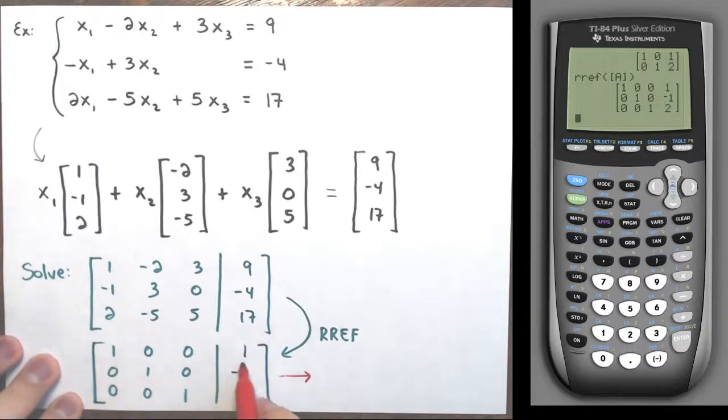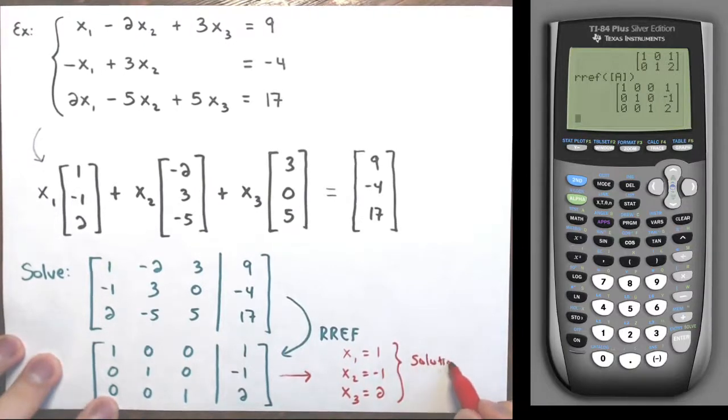The first equation is x1 equals 1. The second equation is x2 equals -1, and the third equation is 1x3 equals 2. Here are the weights, the solution of the system, or the coefficients of those vectors in the linear combination.